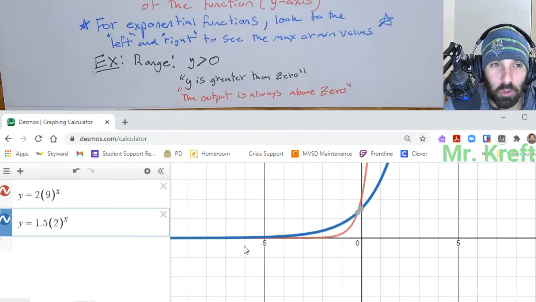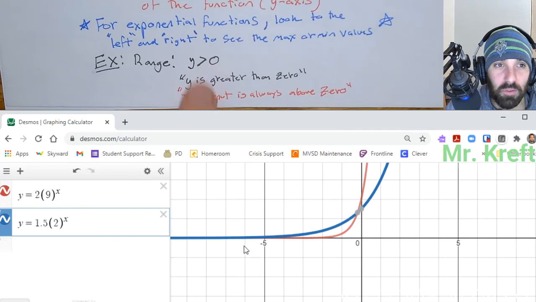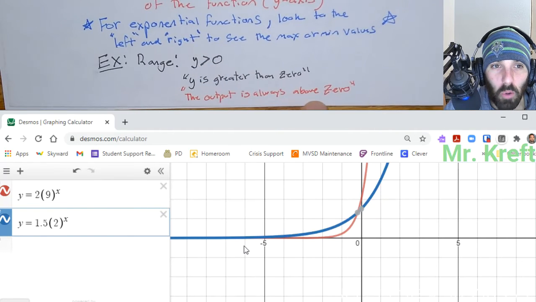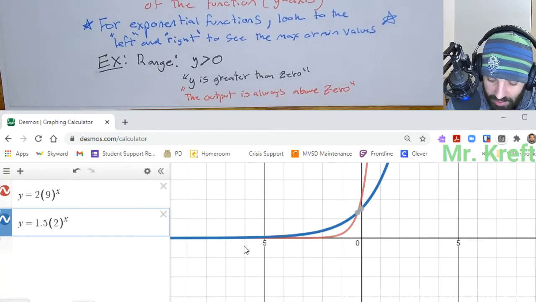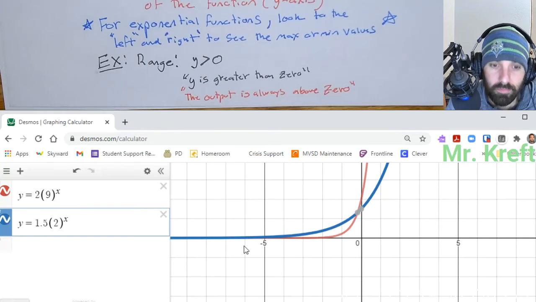That's a Kreft trying to help you out thing. When we say y is greater than 0, that's the math way of saying the output is always above 0. So what we're going to spend the rest of our time on is looking at all these graphs and trying to figure out the range.